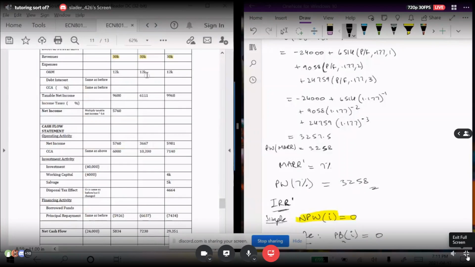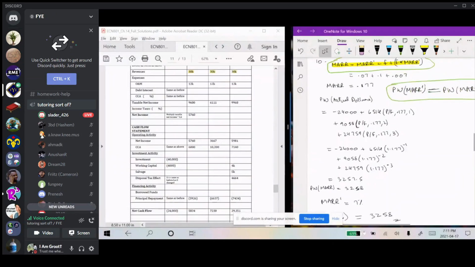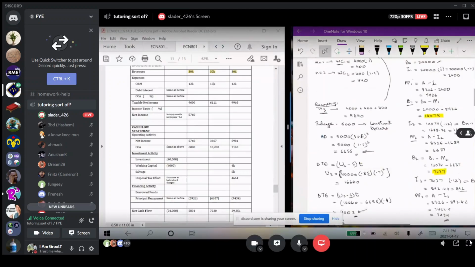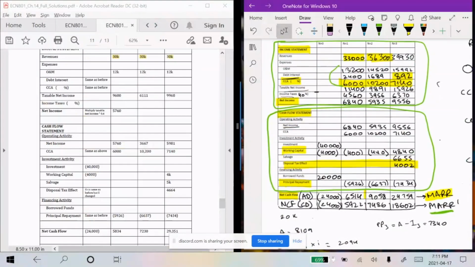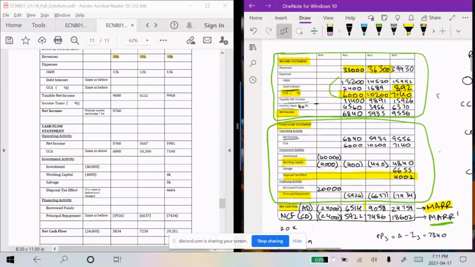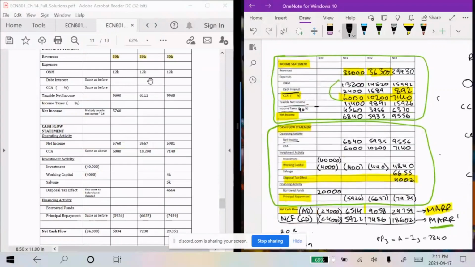Right? Debt interest, you don't need to calculate it again. That part is going to be the same. The CCA is also going to be the same like we calculated right here. The debt interest would be 2,400 in the first one, then 1,689, then 892.